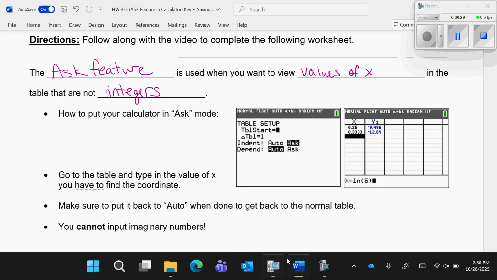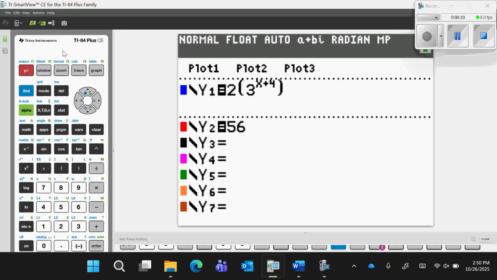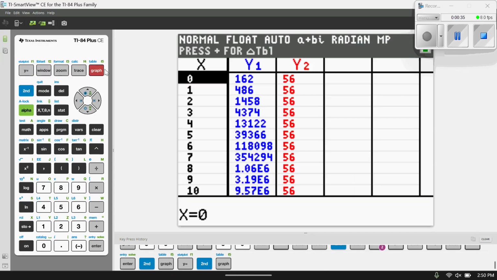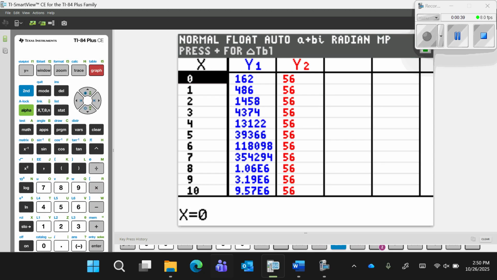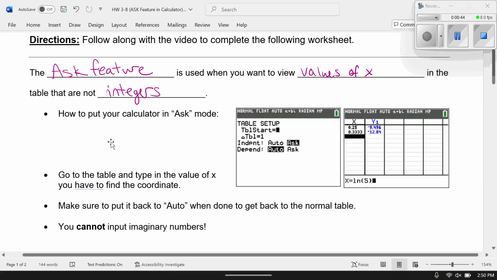Because if you go to your calculator and go to a table, all you're going to see are integer values, 0, 1, 2, 3, 4. So what if you want to see fractions or decimals or logarithms? You can see them in the table if you do the following steps.